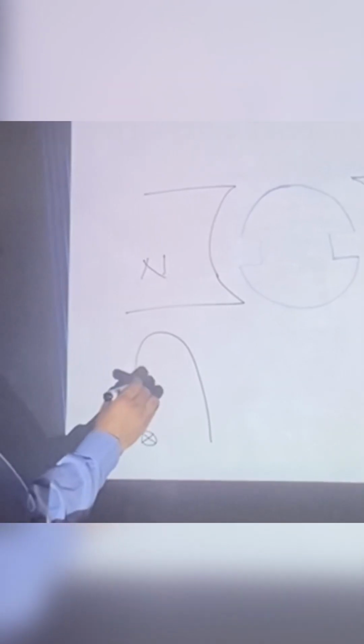For example, this is the conductor in this loop shape. Whenever the current is flowing in this direction, what will be happening over here? Cross. And in this direction, the flux will be in this direction. Understand my point?